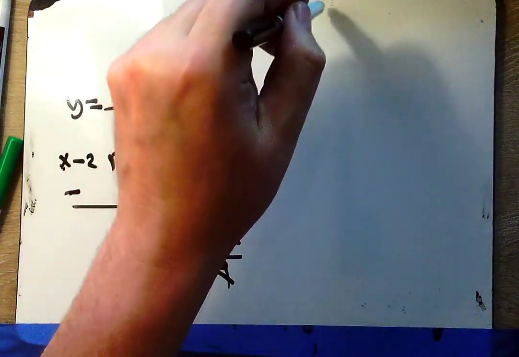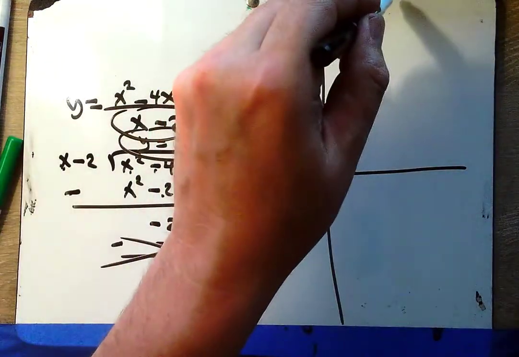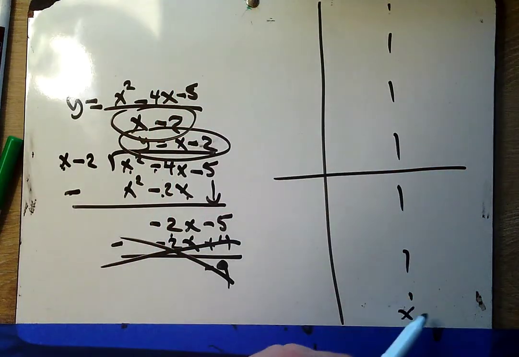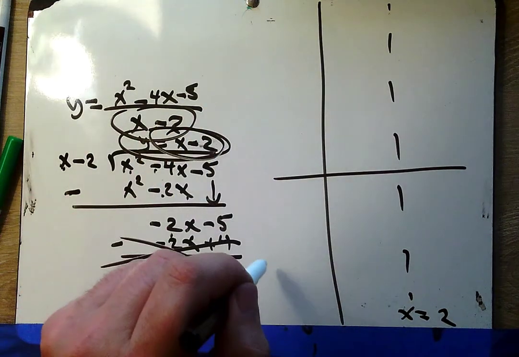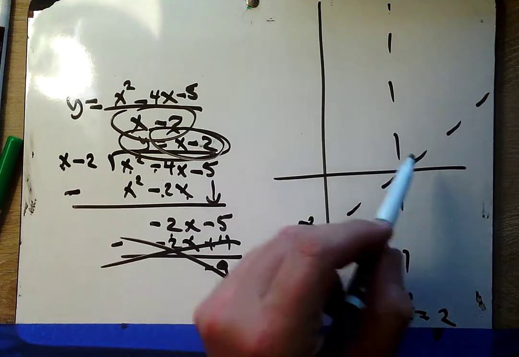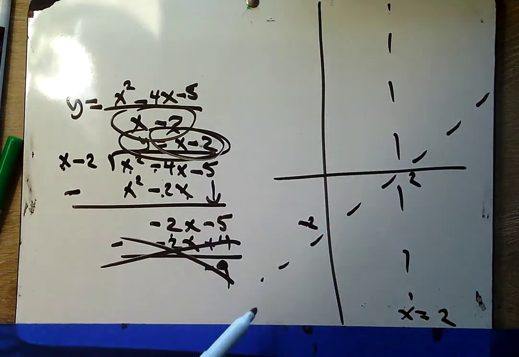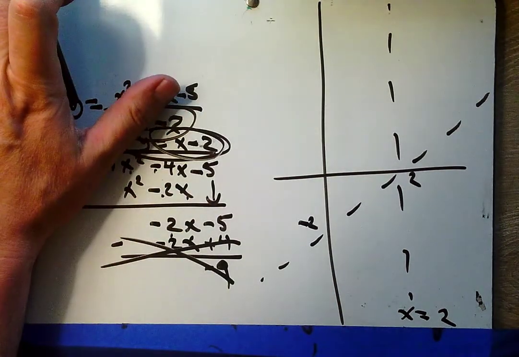Okay, so graphing. I see a vertical asymptote at 2. I've got my slant asymptote, x minus 2, negative 2, 2 on the slant asymptote. Y-intercept, 2.5.